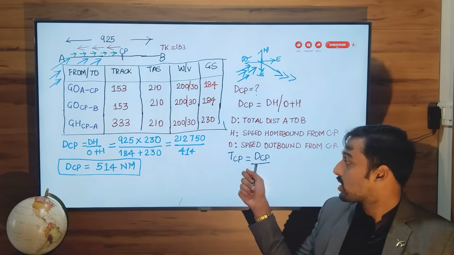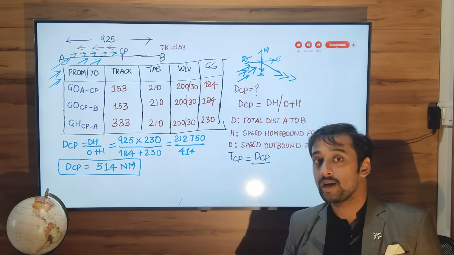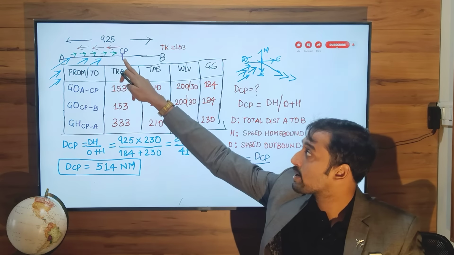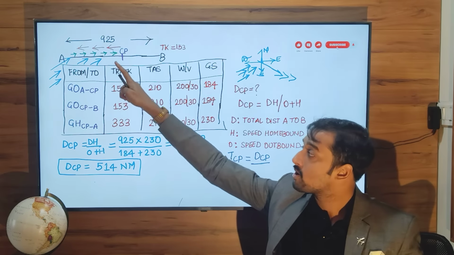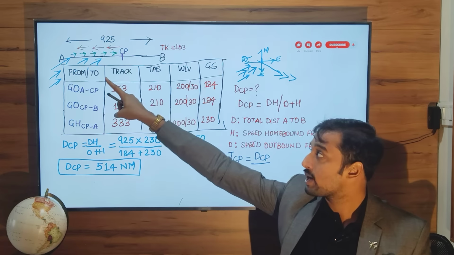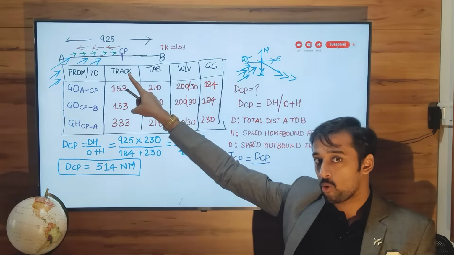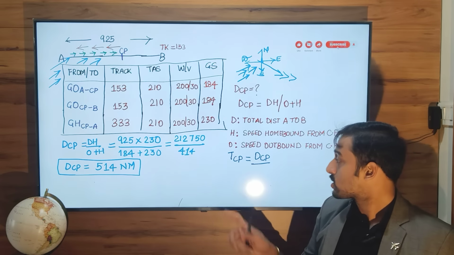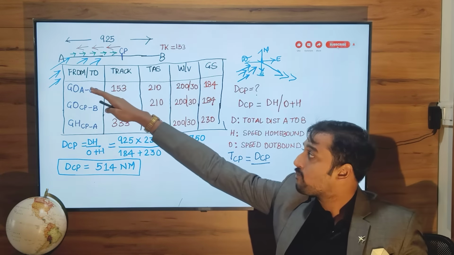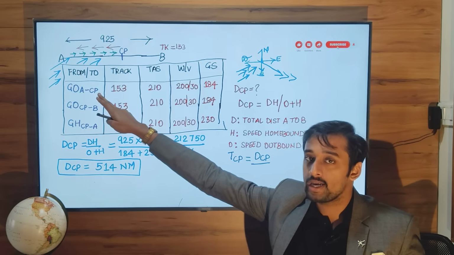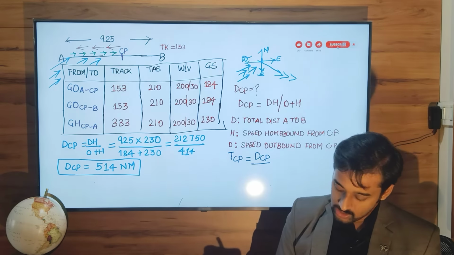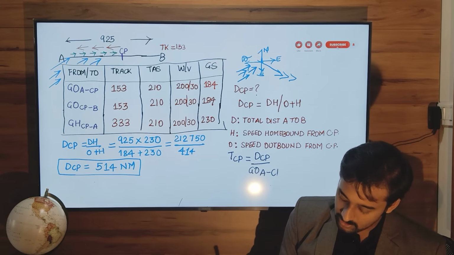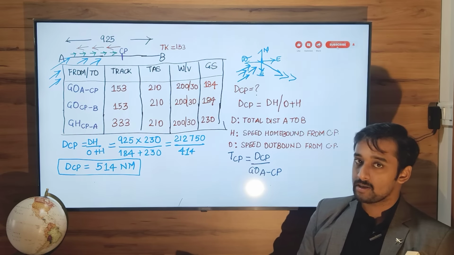In this case, you are calculating the time you will take to go towards the critical point from point A. For that you will require the speed going from A to CP, so you will take the ground speed outbound from A to CP.